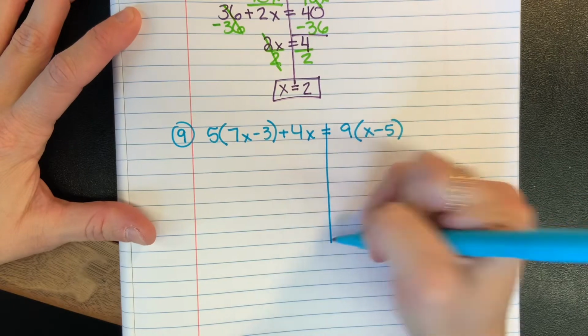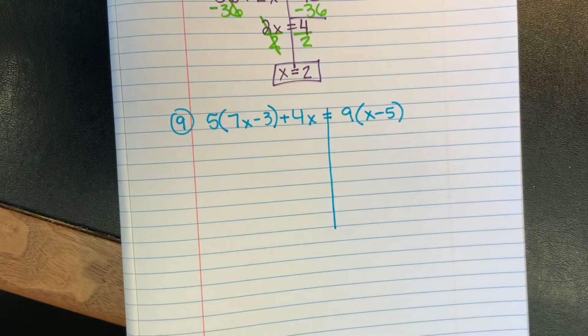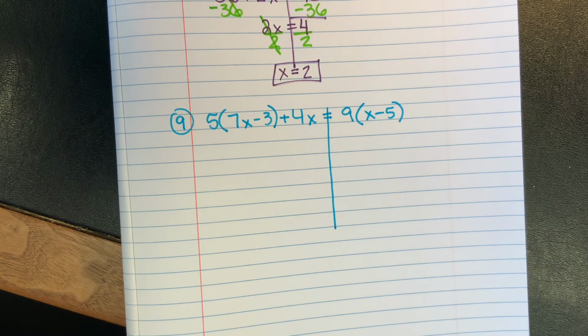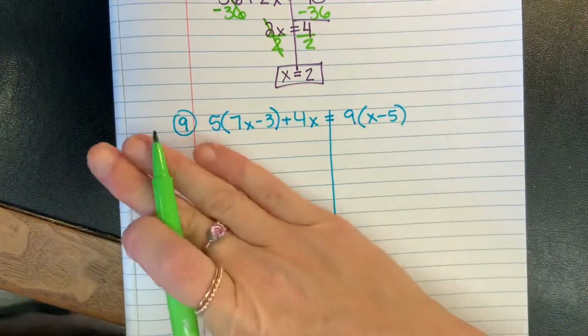All right, drawing my line down through here. Give you a moment to just write that down. All righty. So again, look at each side separately.